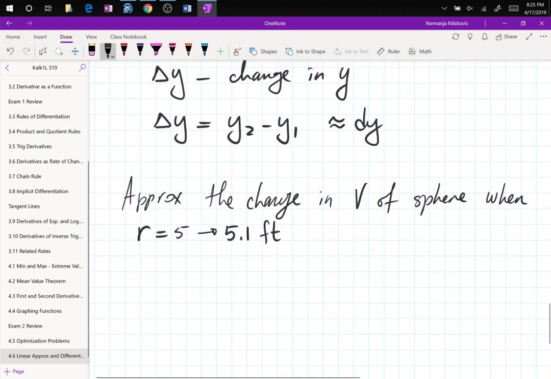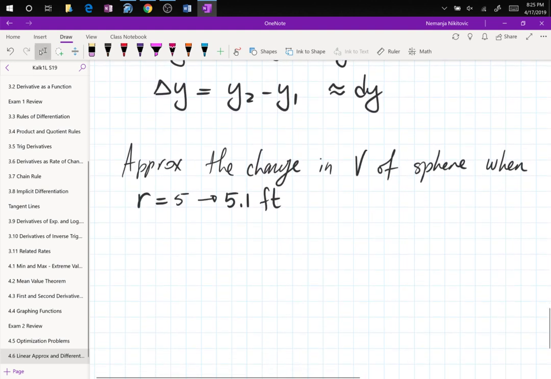So you have some big ball that is 10 feet in diameter.